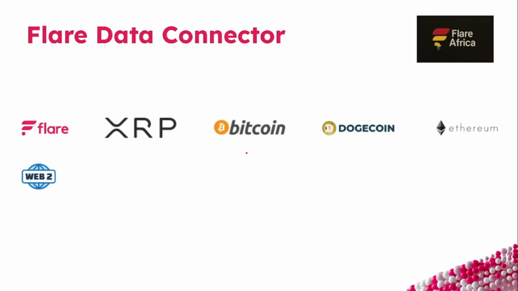Then we have XRP and Bitcoin and Doge and Ethereum, and then Web2 data. By the way, for all these chains, both their mainnets and testnets are actual sources of this data. So even on Ethereum, Sepolia itself is also a source of this data.